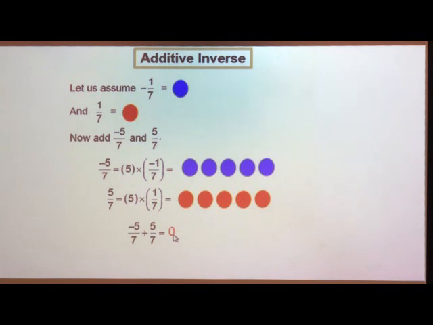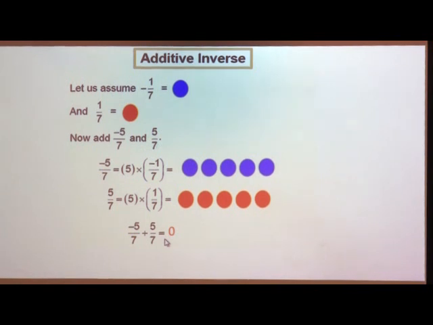So, the additive inverse, with the help of an activity, or we can say with the help of an example, we found that minus 5 upon 7 plus 5 upon 7 is equal to 0. You can take another example also: minus 1 upon 2 plus 1 upon 2 is equal to 0, or you can take 3 upon 5 plus, inside the bracket, minus 3 upon 5 is equal to 0.